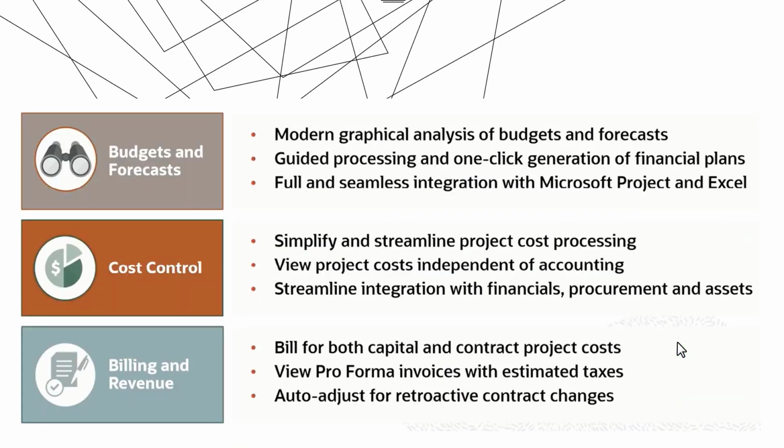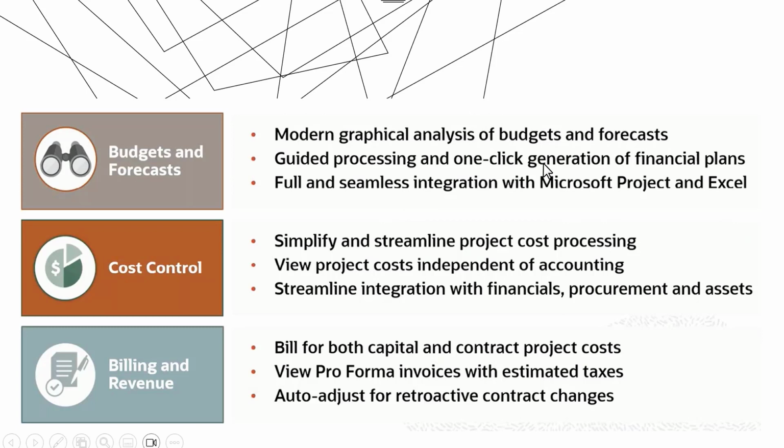And here is the profitability side, which is called project financial management. Some of the functions we support on the PPM Cloud are budgeting and forecasting, cost control and billing, as you saw in the previous slide. So the listing of what we mean by budgeting and forecasting, cost control, and billing, you can see here.